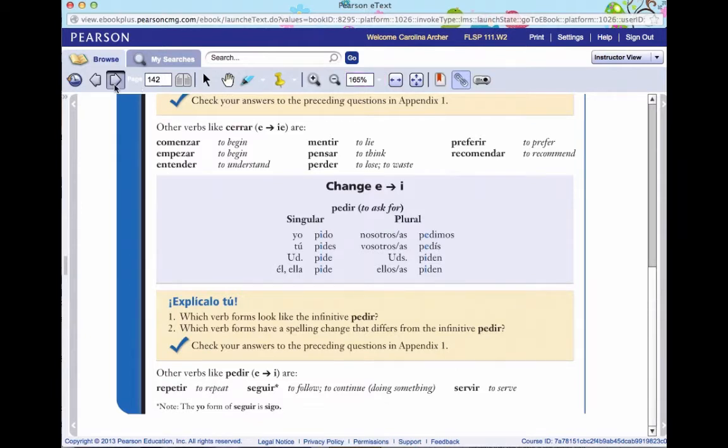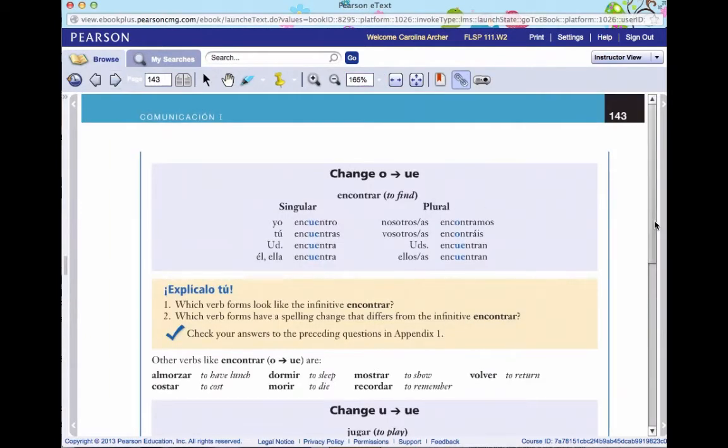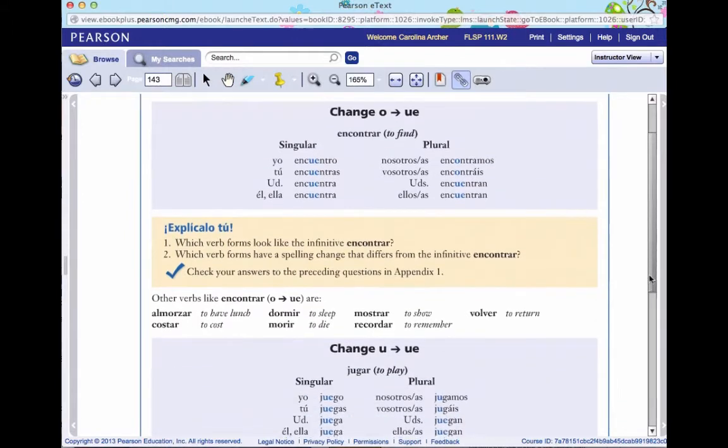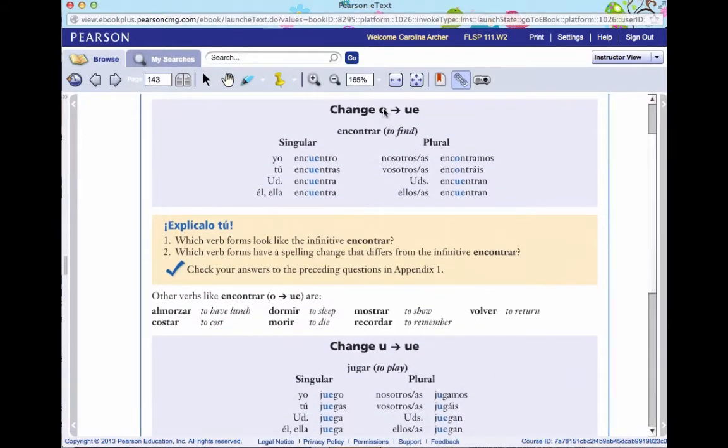Muy bien. And then we have two more groups, the ones that change from O to UE. For example, encontrar has an O in the root, but that O changes into UE. Yo encuentro, tú encuentras, usted, él, ella encuentra.